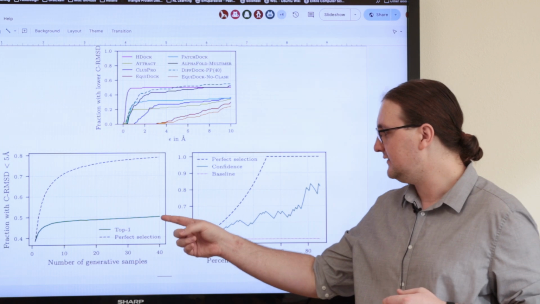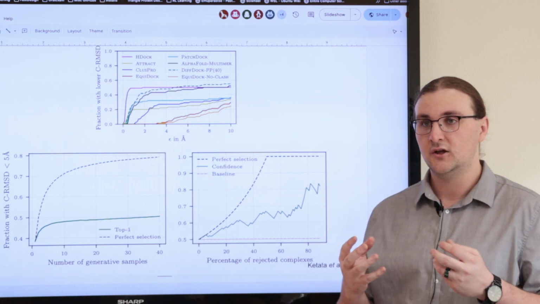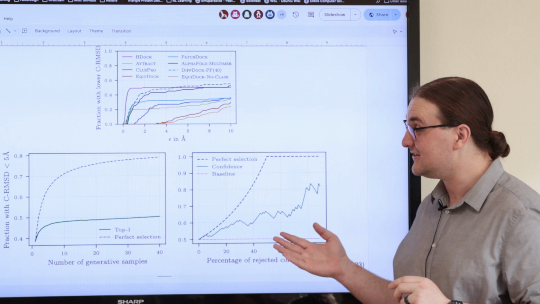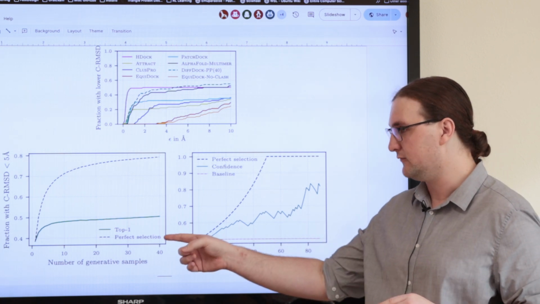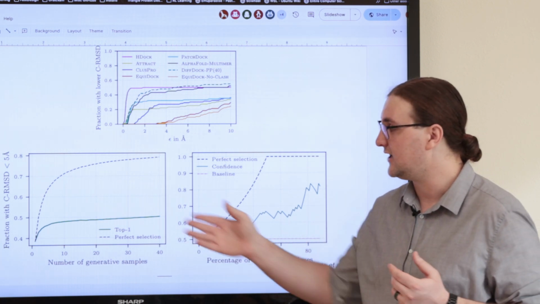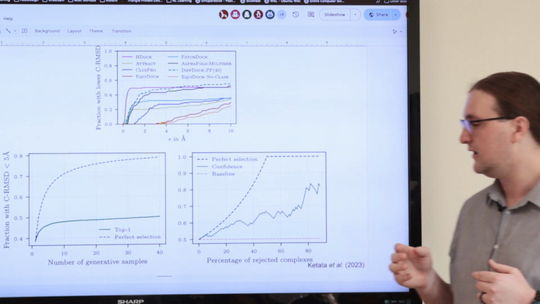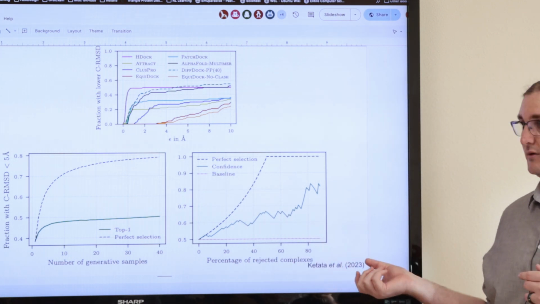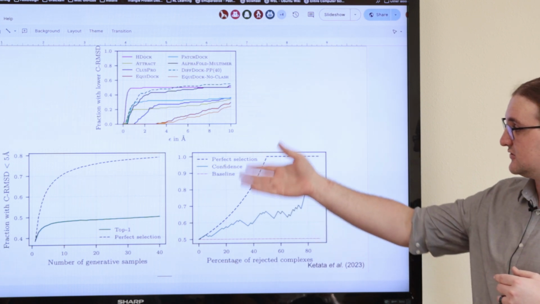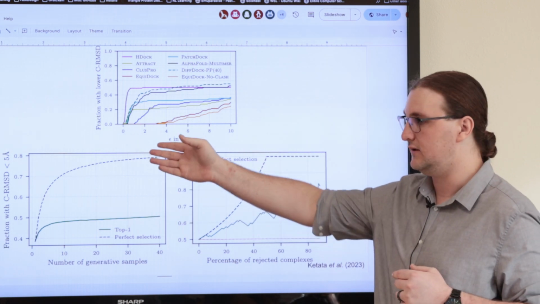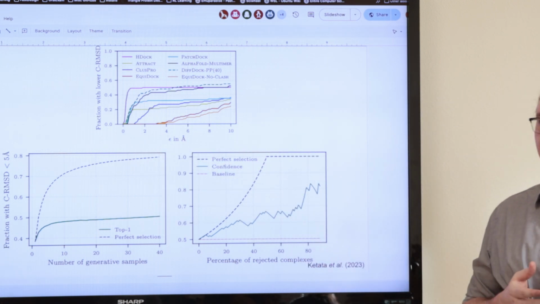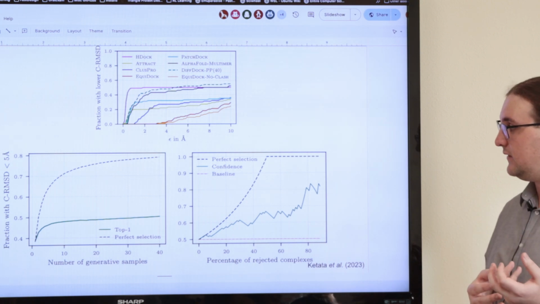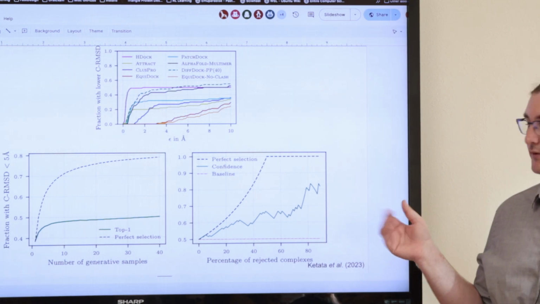This top one is given the confidence model predicting what it thinks the top one prediction is. As you can see, there's actually a huge discrepancy between the perfect selection. So the model can actually find some structures that are really good. Maybe more training needs to happen for the discrimination confidence model because there's still this huge gap between these. If the confidence model was better at choosing the correct pose, then we'd probably have even higher success rates.